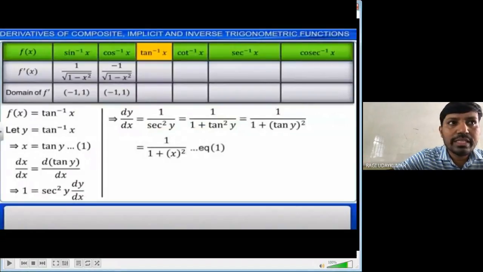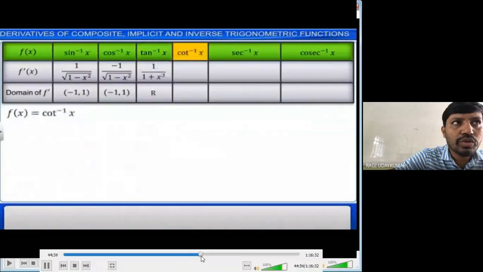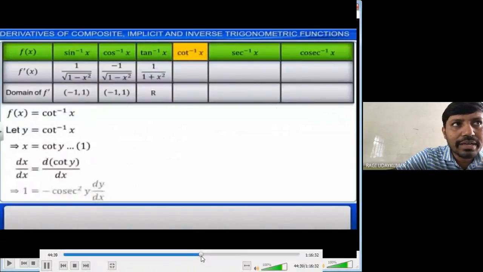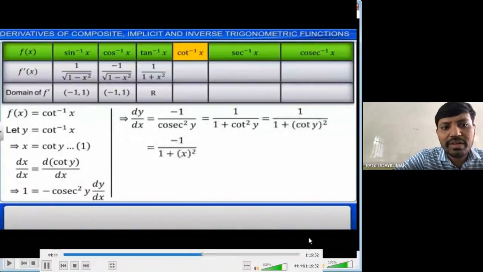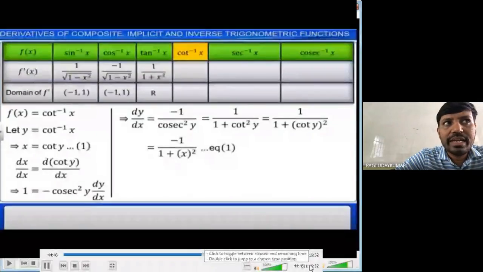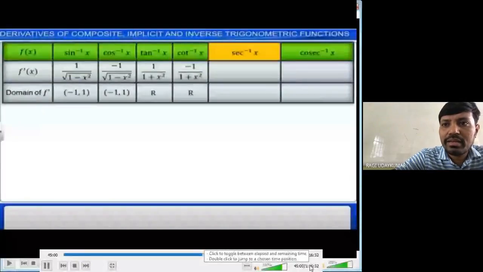So in this pattern, when you continue, you can find the derivative. For tan inverse x, the range is R, real numbers. In the same pattern, for cot inverse it is also with a minus. The derivative of cot inverse x is minus 1 by 1 plus x square.